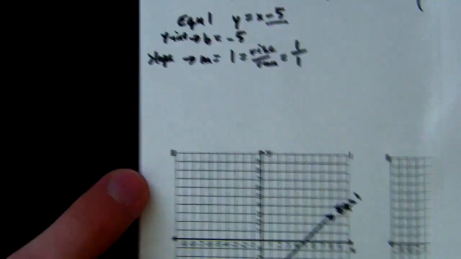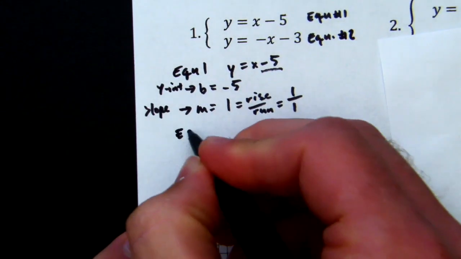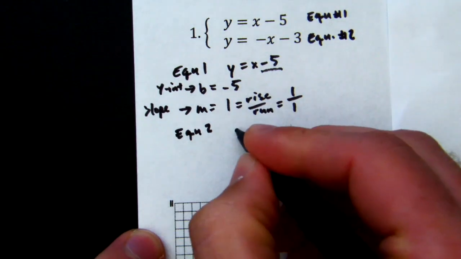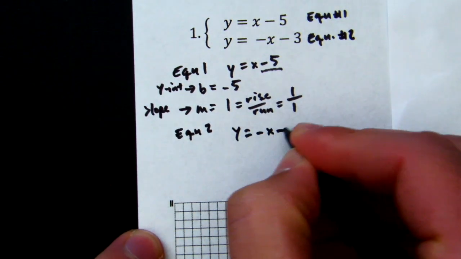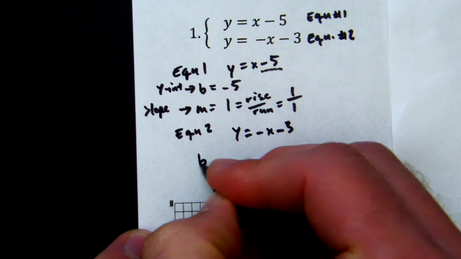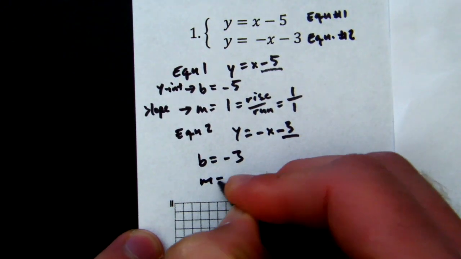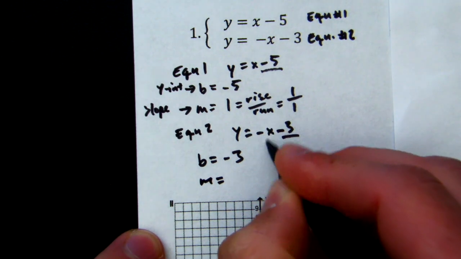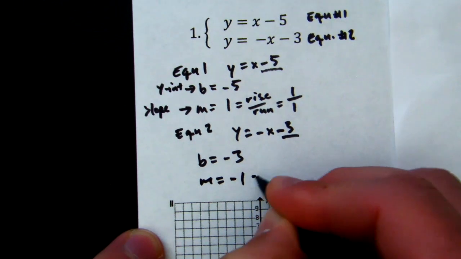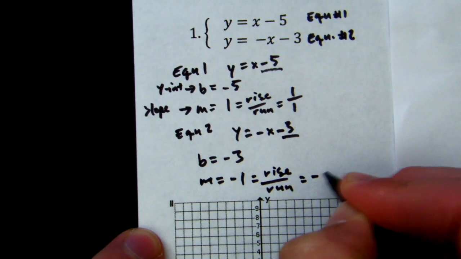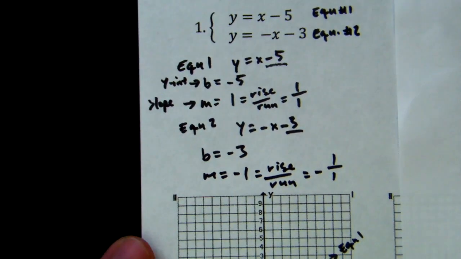Okay? Now I'm going to do the same thing for the second equation, equation 2, which is y equals -x minus 3. So my b is my y-intercept, which is right there, -3. My slope, which is right in front of x, is going to be -1. And remember, this is rise over run. We can write this as a fraction, -1 over 1.